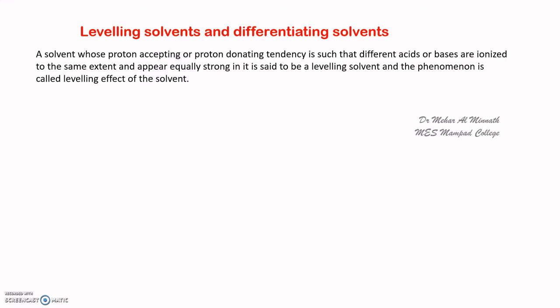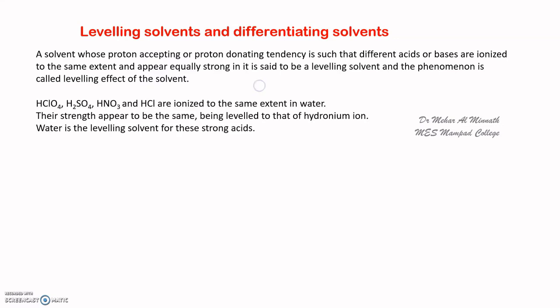That means in a particular solvent, if all the acids or all the bases show the same strength, then we call that solvent a leveling solvent, and that effect a leveling effect. Now say for example, HClO4, H2SO4, HNO3 and HCl have the same strength in water.